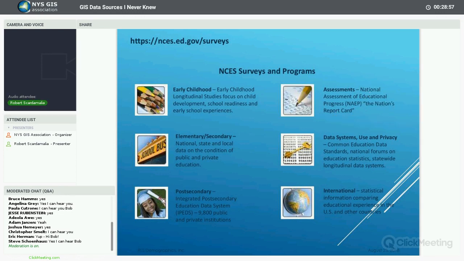This is a source that compares district to district on educational indicators, how well students are doing, at various grade levels. And data systems, common education standards, educational statistics, again, a whole range of information that is available here for education statistics.